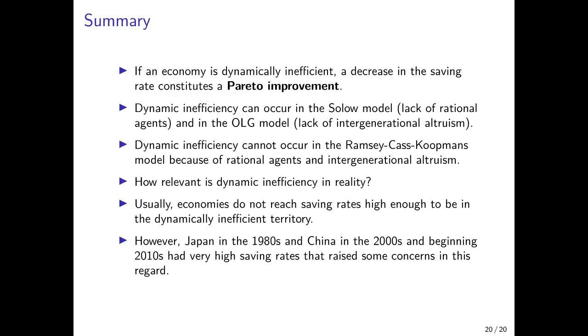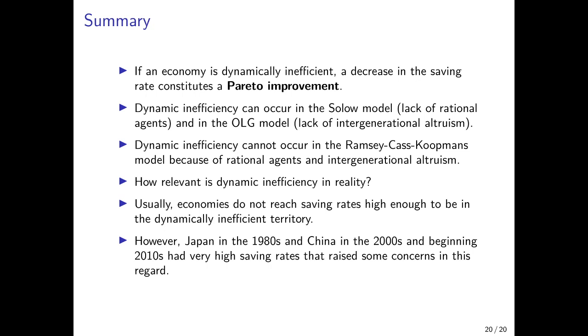So now we can summarize our observations with respect to dynamic inefficiency. We've seen it's possible that economies are dynamically inefficient, and a Pareto improvement is possible by reducing the saving rate if the saving rate is very high. Theoretically, dynamic inefficiency can occur in the Solow model because of a lack of rational agents.